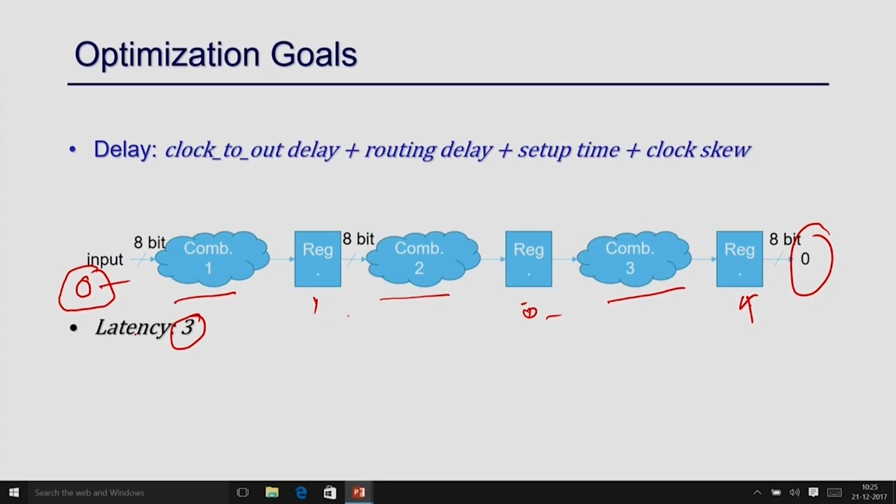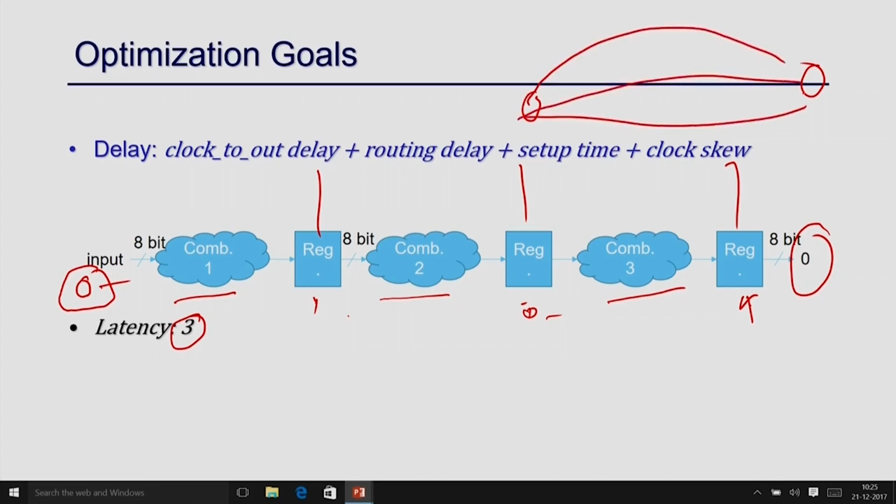It is basically the number of sequential register levels from the input to output, and you can have multiple paths from your input. Suppose in this path there are maybe 2 registers, in this path maybe 4 registers, and this path may have only 1 register.